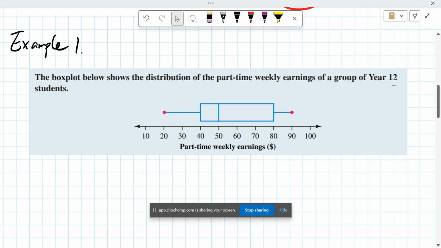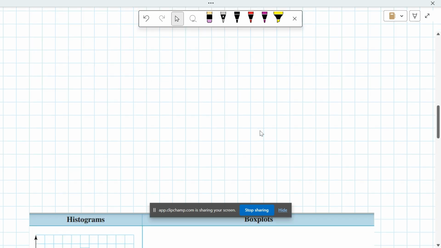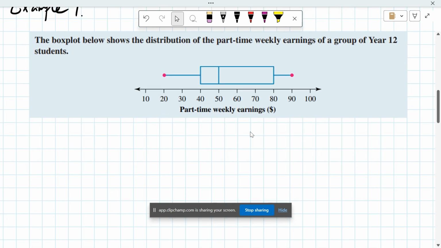Another thing I want you to have a look at is example one first. We're going to find our five number summary. Basically, we're going to find the weekly earnings for the group of Year 12 students. So we're going to calculate the range, median, IQR, and the five number summary. First, remember the minimum is equal to 20.